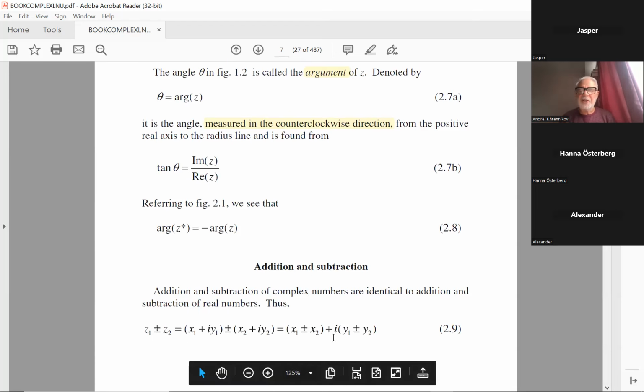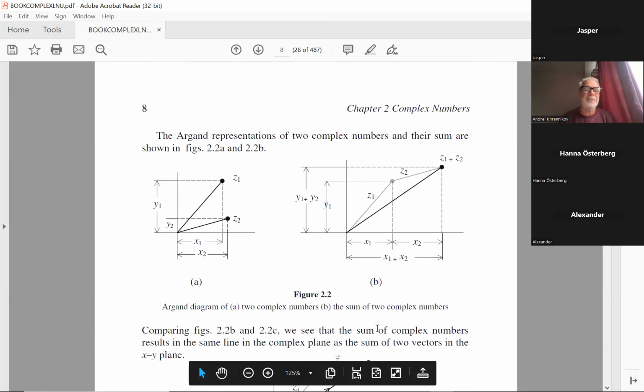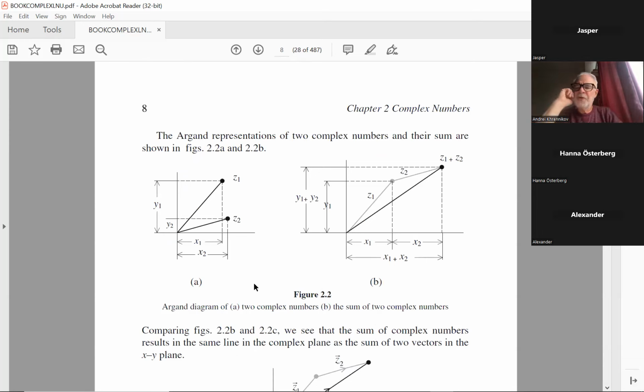Now addition, operations. These are operations of the field, operations in the algebraic structure called a field. Addition is very simple. The sum or subtraction: the sum of real parts plus i times the sum of imaginary parts. On the plane, maybe you had a course in linear algebra and you know how to construct the sum of two vectors.